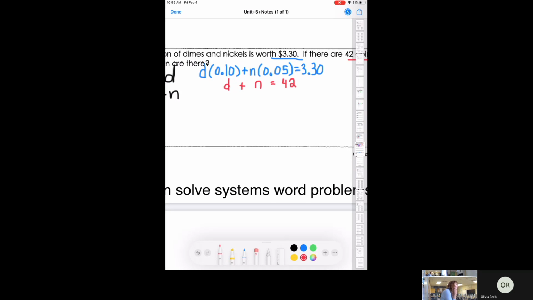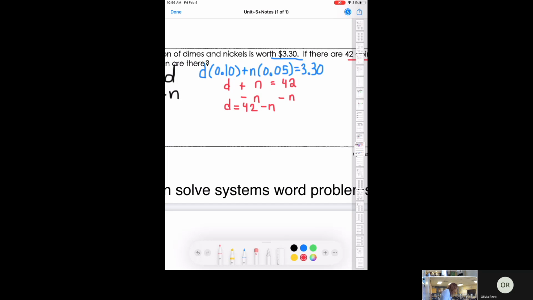So now what we're going to do is solve our systems of equations. I think it will be pretty easy to get the D by itself, so I'm going to solve by substitution. If you'd prefer to use a different method, that is okay. So to get the D by itself, I'm going to subtract N from both sides. I get D equals 42 minus N.